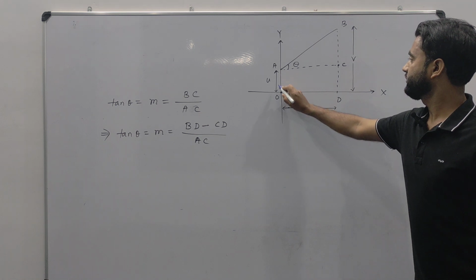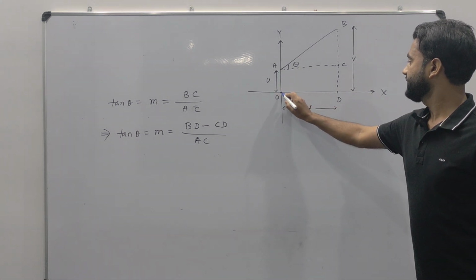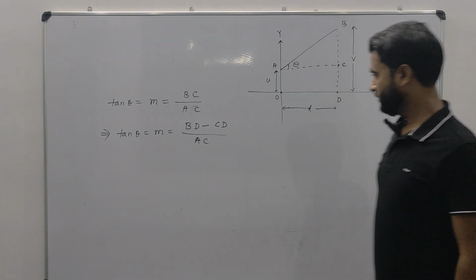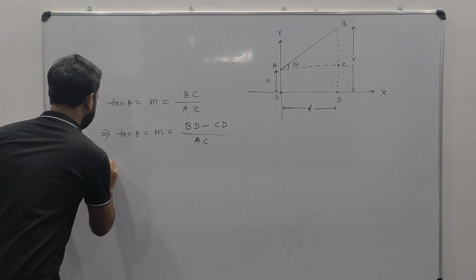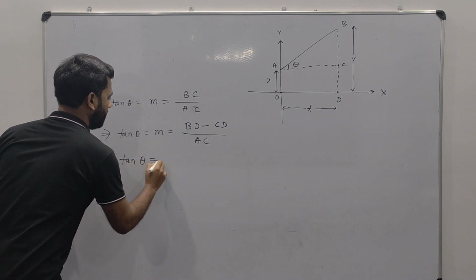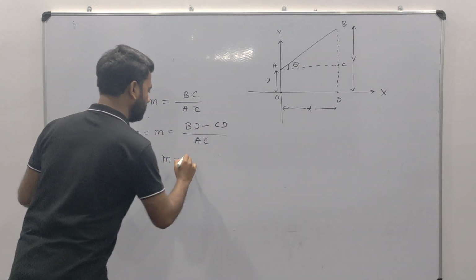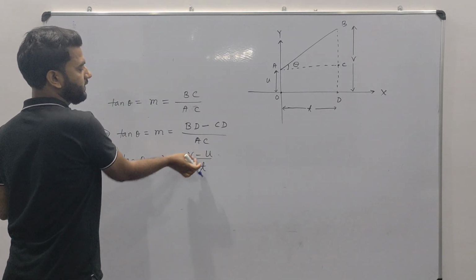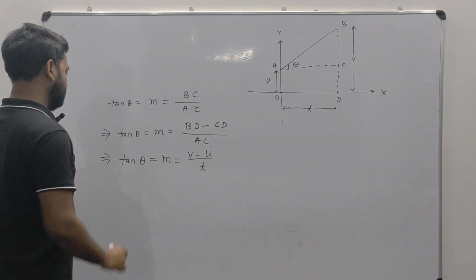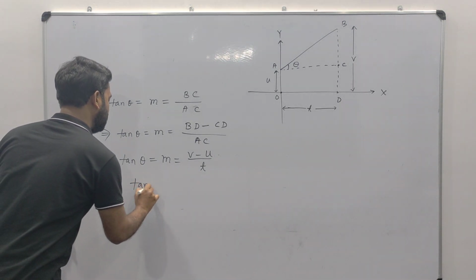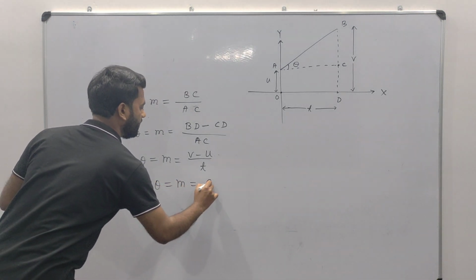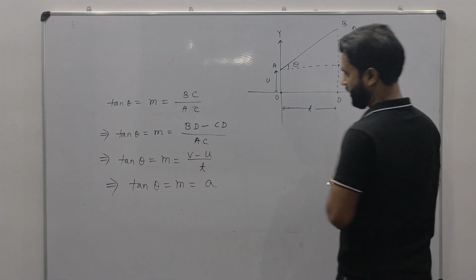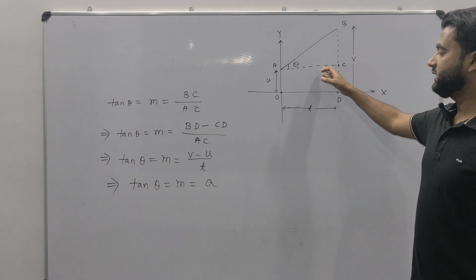Initially at t equal to 0, the velocity is u, and after a small time t, it becomes v. So from the figure, tan theta, that is m, equals v minus u by t, which is equal to change in velocity by time. That means it is nothing but the acceleration. So in this graphical representation of the motion, the slope represents the acceleration.